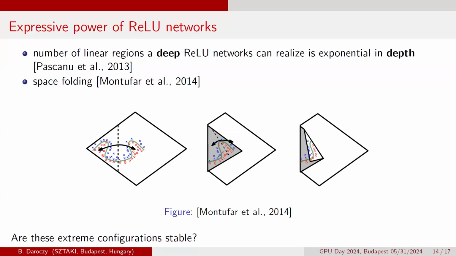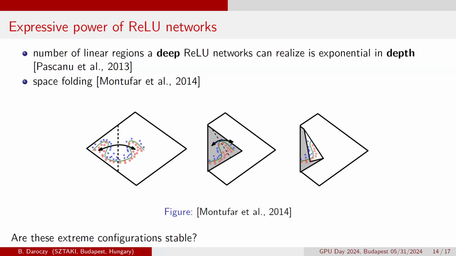They tried to understand what's going on, and I think it's a very interesting way to describe it. So Montufar and others proposed this wonderful picture to show what's going on. It's like you can do it on paper. You are just cutting the plane and folding and cutting and folding, and then you can see that you can differentiate the points.